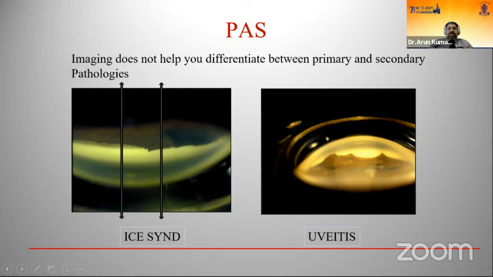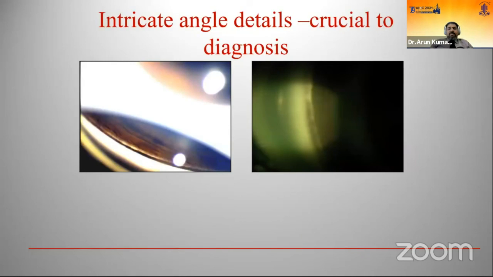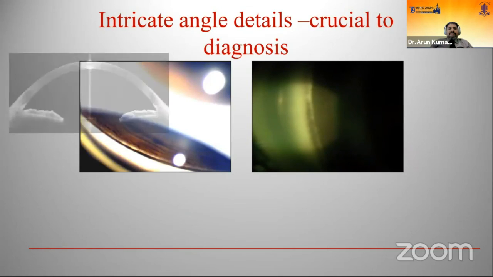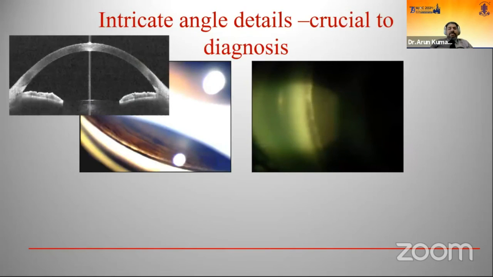In this case, in Fuchs' syndrome, when you tie it up with the other findings, a typical scalloped broad synechiae again is very typical of uveitis. And this tells you which direction you need to head when you do a gonioscopy. Again, you look at an example like this: the pattern of pigmentation on gonioscopy straight away gives you a diagnosis, whereas on the ASOC, this is just an open angle.